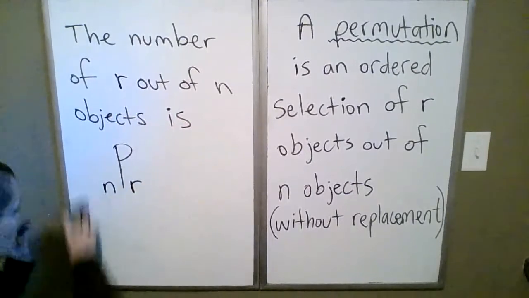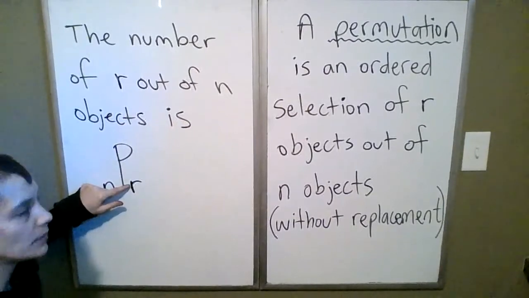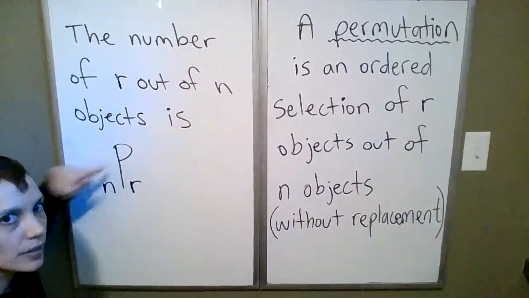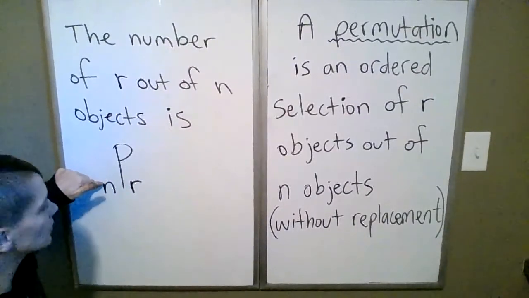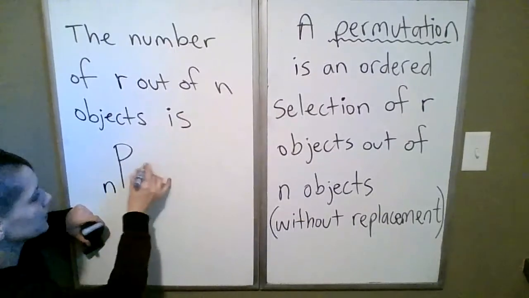It says out of n, permute r, which means we're taking r objects and selecting them in a certain order from n total. And then you can find that number with this formula.